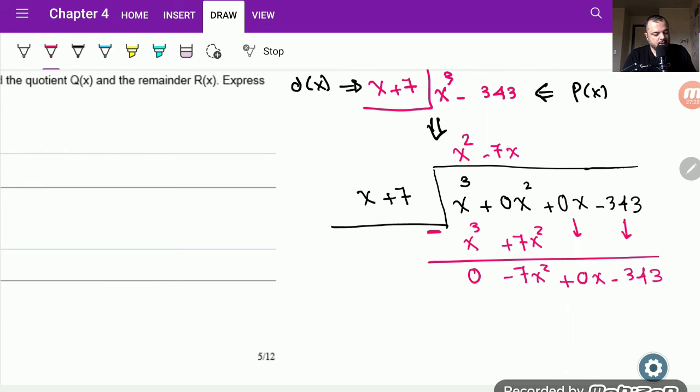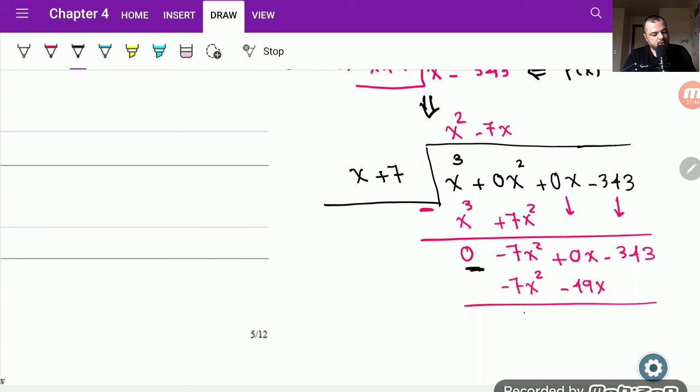Negative 7x times x is negative 7x squared, and we have negative 49x. Now subtract. You get 0 and positive 49x. Bring down this guy.